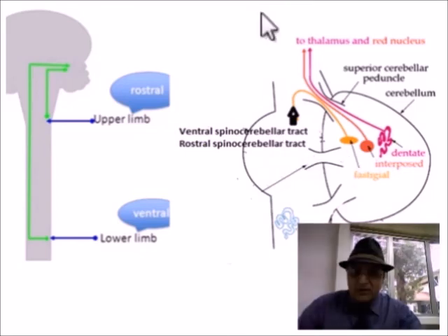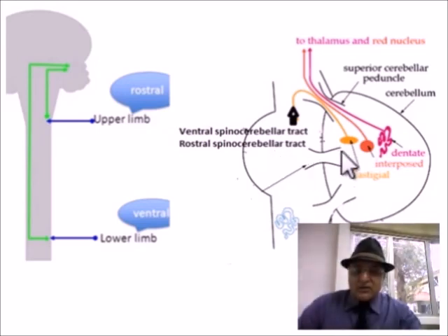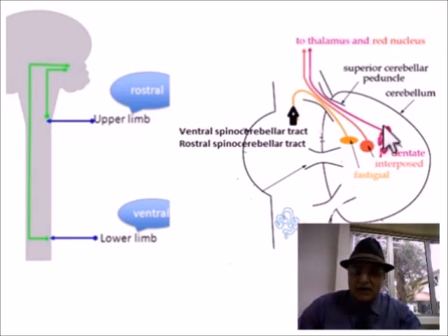So from the cerebral cortex to the pons or the pontine nuclei, and from pontine nuclei to the other side of cerebrocerebellum, and the tract will be called cerebropontocerebellar tract. So there is an outgoing tract to cerebral cortex and an incoming tract from cerebral cortex to cerebrocerebellum.